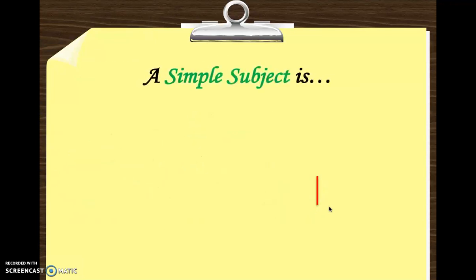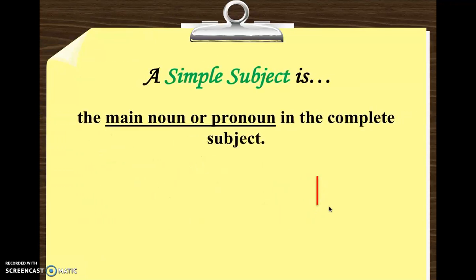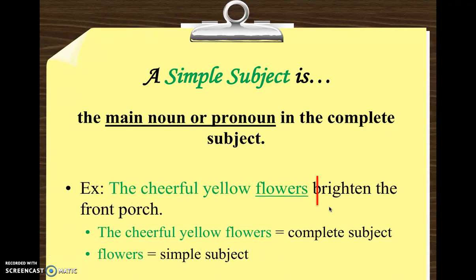On the other hand, we have the simple subject, and that's the main noun or pronoun in the complete subject. So in this case, the cheerful yellow flowers, well, there's only one noun. It's being modified by an adjective, and another adjective, and then another adjective.